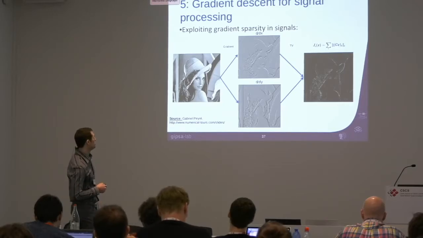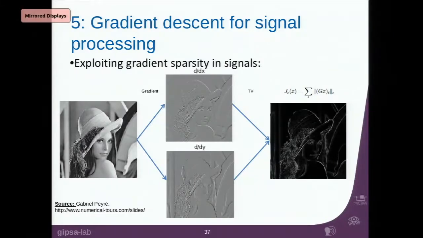Another example now, a simple instance of gradient descent for the specific case of signal processing. You may have heard this is something really common in signal processing, which is to exploit gradient sparsity. So when you have an image like that, the gradient of the image is actually a vector field, which has 2 values for each point, values in X and values in Y, of course.